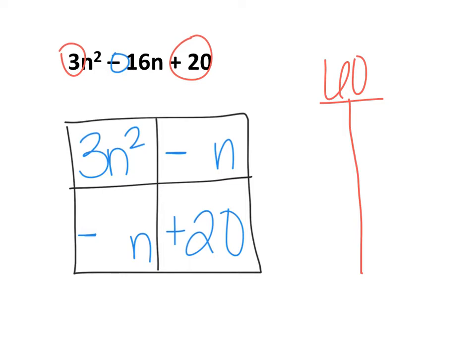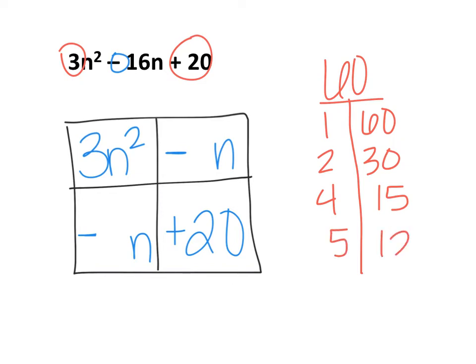So I know 1 times 60 does, 2 times 30, 4 times 15, 5 times 12, 6 times 10, and I think that's it.